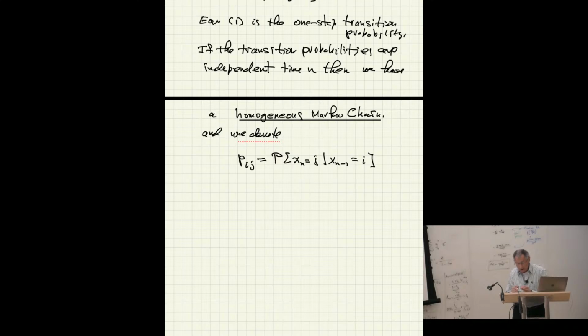On the left-hand side, there's no notion of n. Just from one step to the next, you're going from I to j. Now, we're going to talk only about homogeneous Markov chains for most of the time from now on. If we don't, I'll warn you. But right now, it's homogeneous, which means the transition probabilities do not depend upon time. Okay?